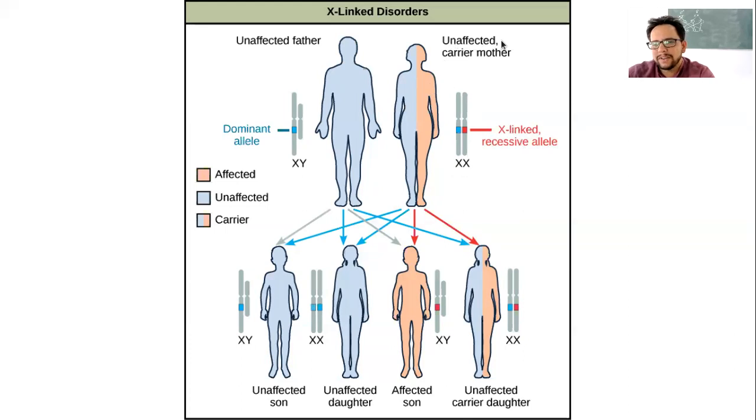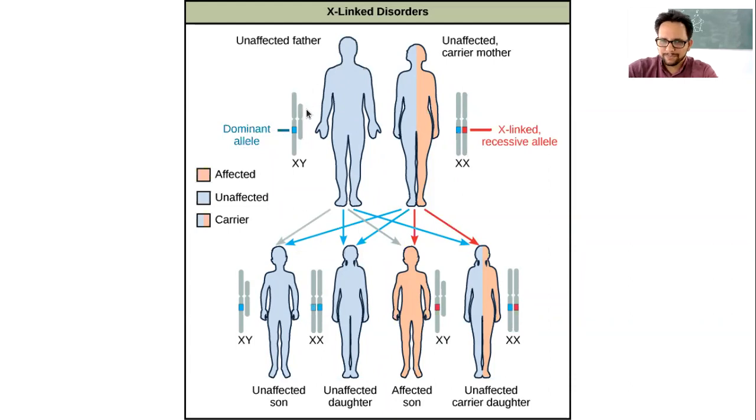So the mother is unaffected because she has one normal chromosome and one recessive allele. Here red is recessive, so it is not going to express, but the blue is the dominant one, the normal gene for color sight, so that will get expressed. So the mother is unaffected as such, but she is the carrier. The father is normal, unaffected, which has this dominant allele and the Y chromosome.